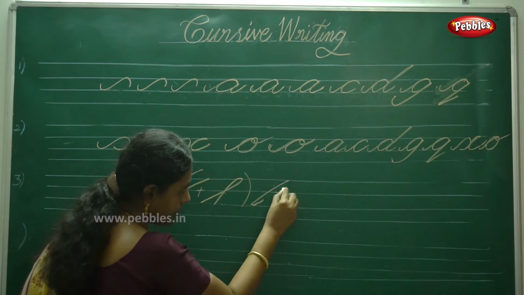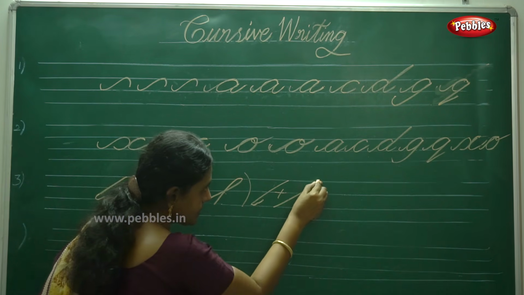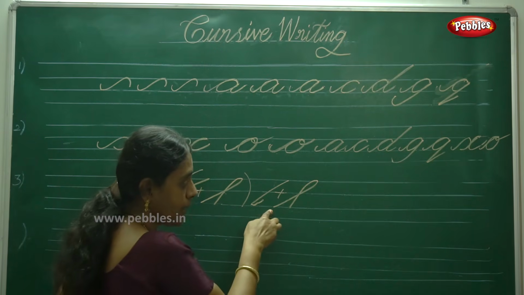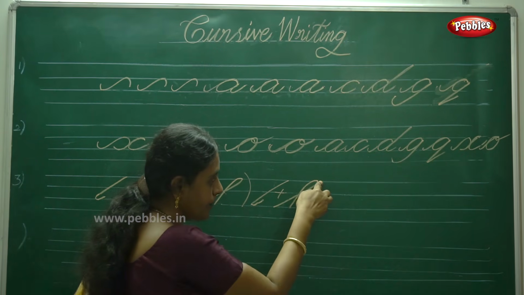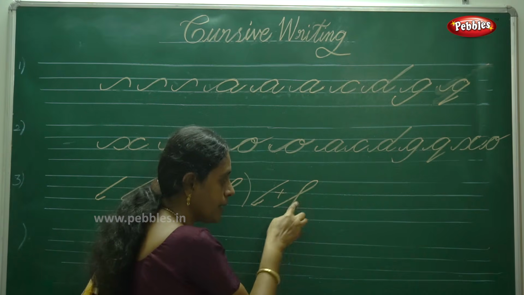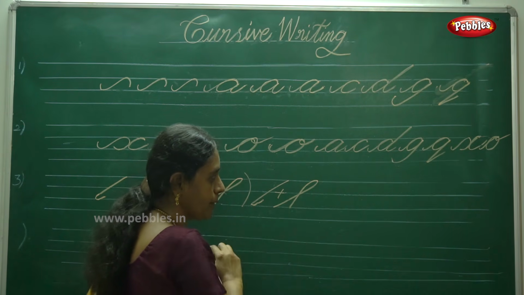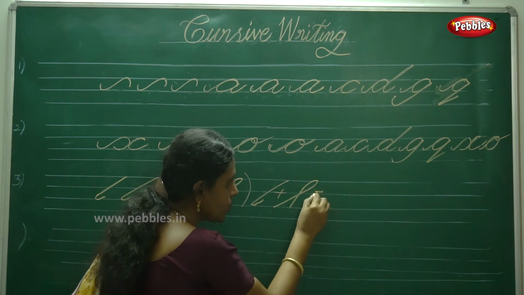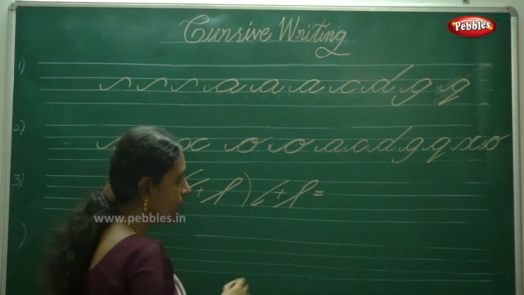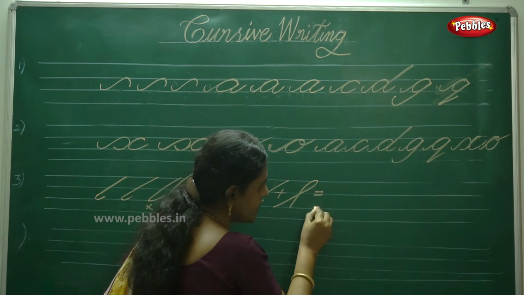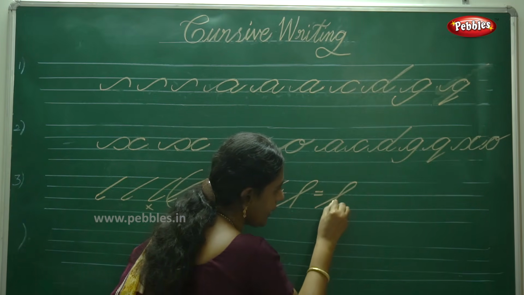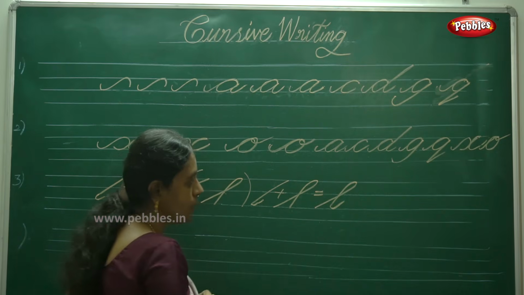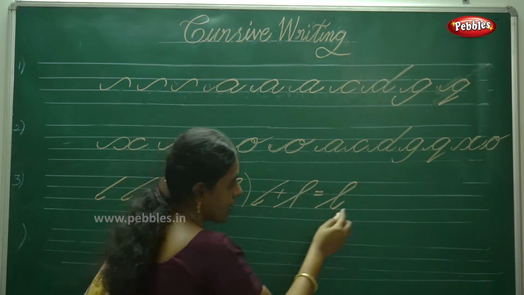One more basic stroke, that is from the bottom line, touch the ascender line, only cross out at the top line and ends again in the bottom line. Okay, observe, listen here. These two strokes form the alphabet L. Okay, these two strokes L.